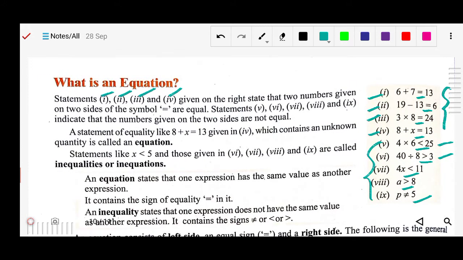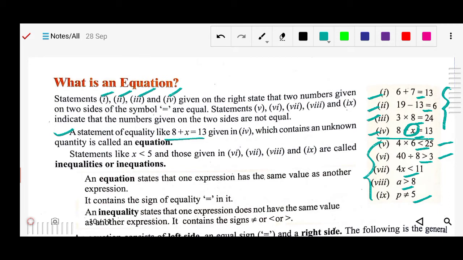Read: a statement of equality like 8 plus x equals 13, given in number 4, which contains an unknown quantity. Here x is a variable.